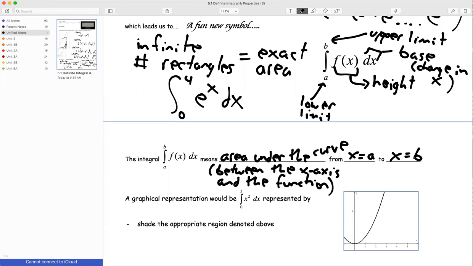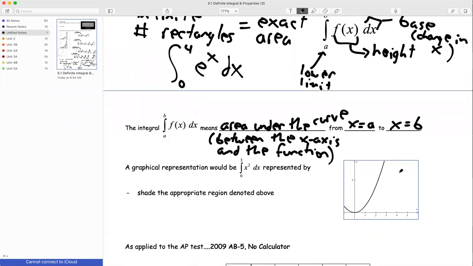Okay, so a graphical representation, we have the integral from 0 to 3 of x squared dx. What am I finding here? Well, I'm finding the area under the curve. From what to what? From 0 to 3. So it's between the function and the x-axis. So let me shade in here a little bit.